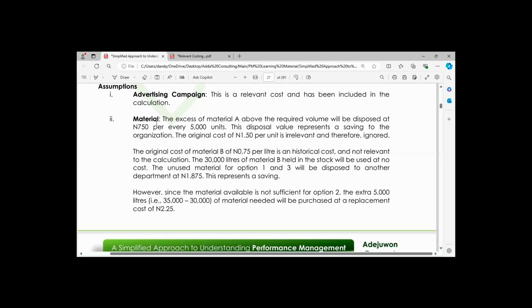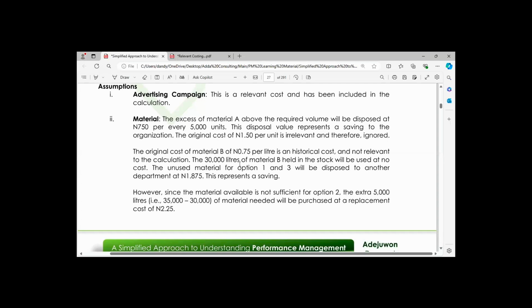So we have a saving of 25,000 units for every 5,000 units produced at 750 naira. That's what we accounted for. Then further, the original cost of material B of 75 kobo per liter is an historical cost, or a sunk cost, and not relevant to the calculation. So that's why we ignore that 75 kobo.